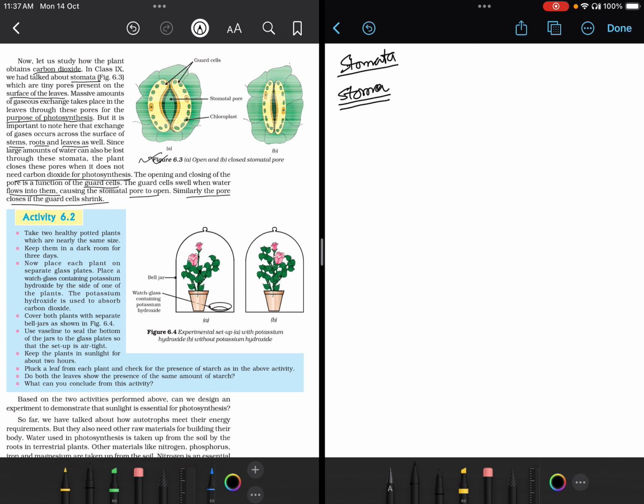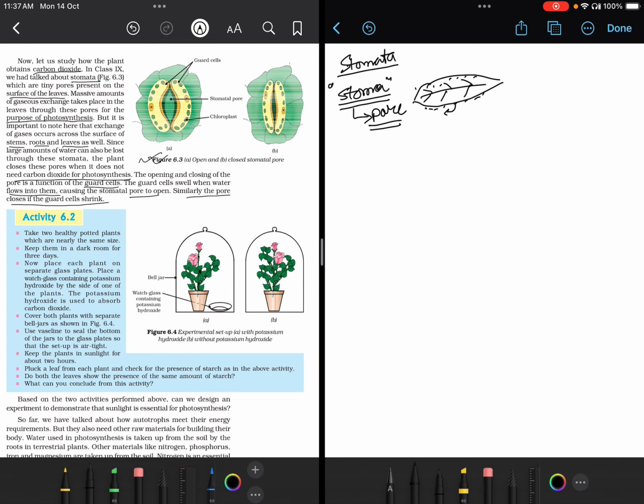In any word, if you get this term, stoma means a pore. Now these stomata are present on the surface of the leaves. Here a question might ask which surface? Relatively more on the lower surface.